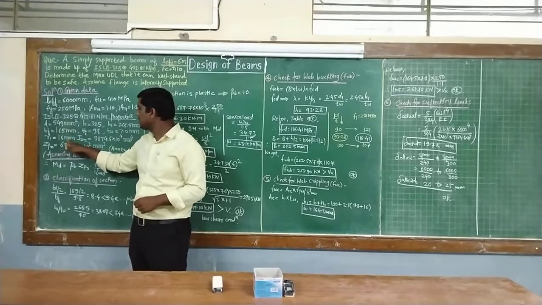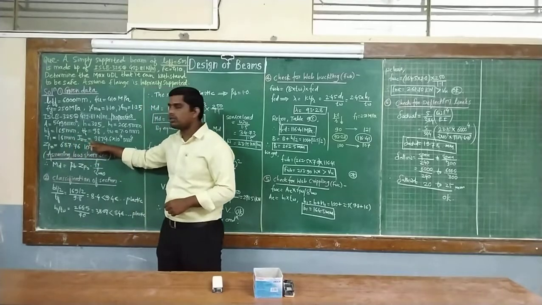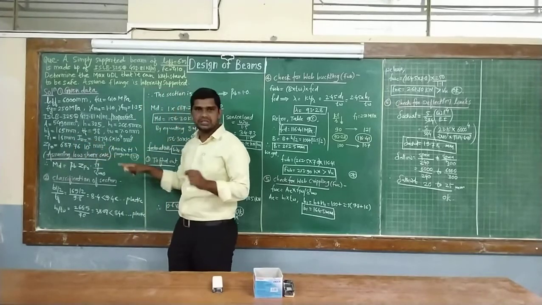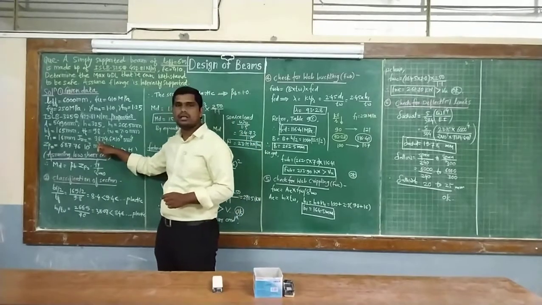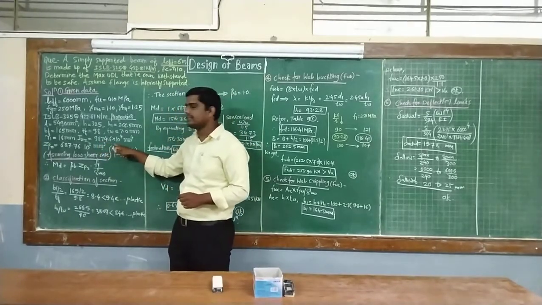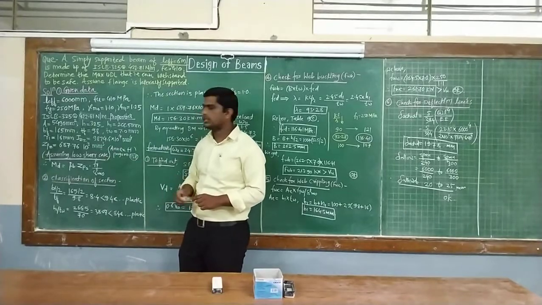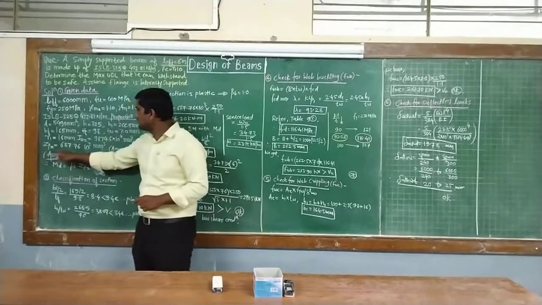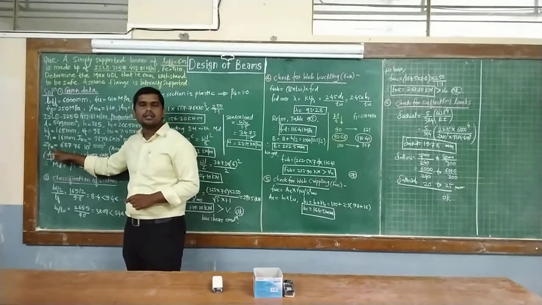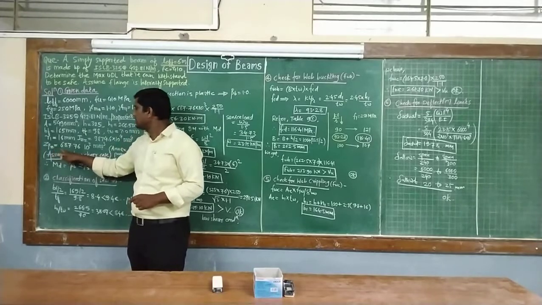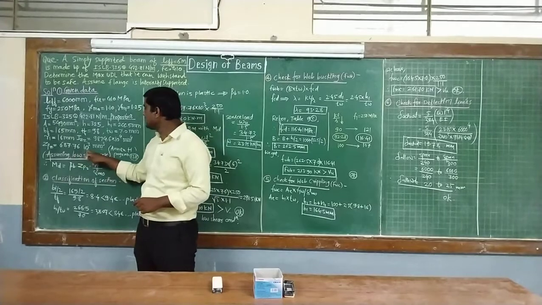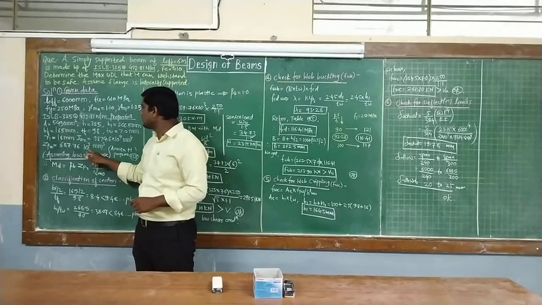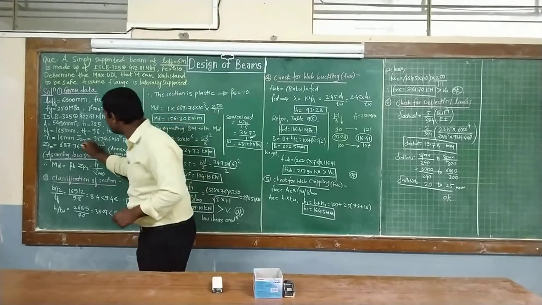Then moment of inertia about z axis is 9874.6 into 10 to the power 4 mm to the power 4. And the plastic section modulus along z axis, ZpZ, is equal to 687.76 into 10 to the power 3 mm cubed.